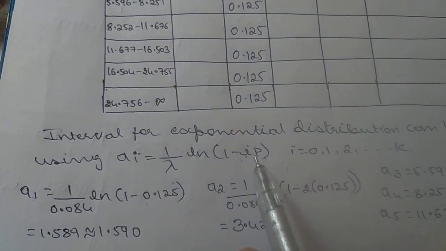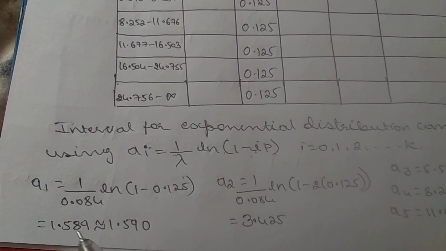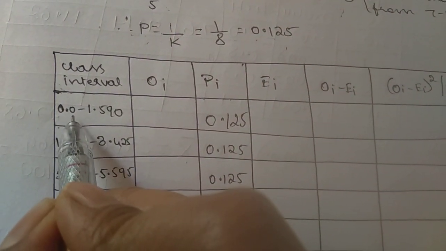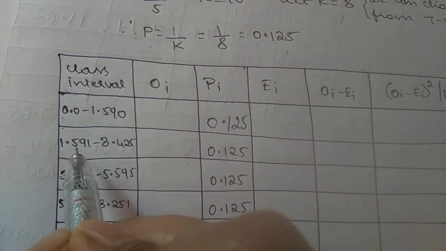The p value is 0.125. 1 minus 1 into 0.125. So here I got the value 1.590. I have taken from 0.0 to 1.591. The next interval will start from 1.591.